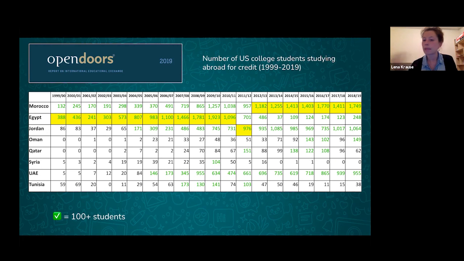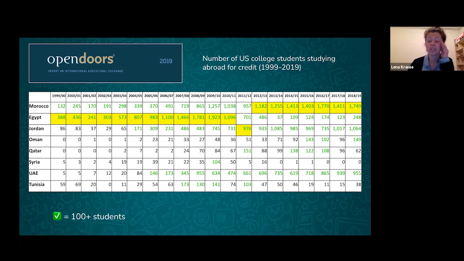I basically just included any country that had over 100 Americans studying in it at least once. I'll put the asterisk that they might not all have been studying Arabic while they were abroad. However, these statistics would encompass all of the students who were studying Arabic while in the MENA.